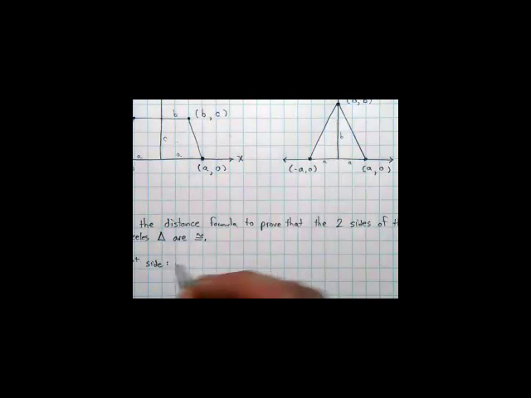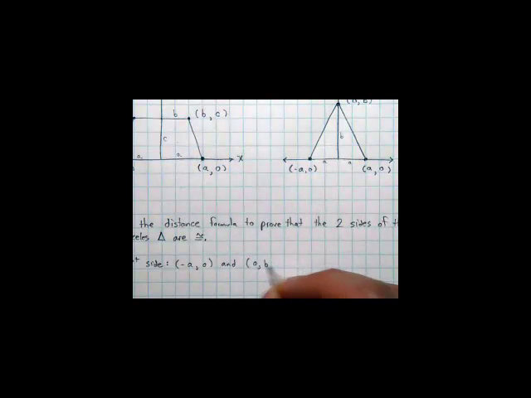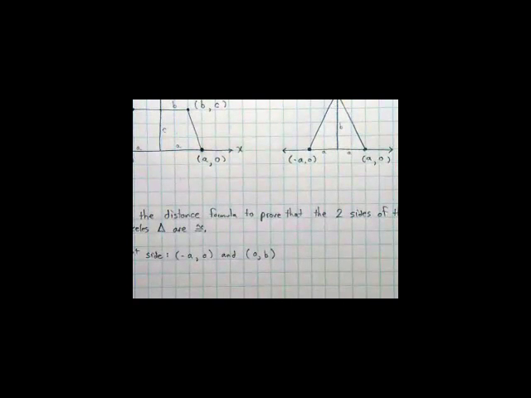So the first side, we've got negative a, 0, and 0, b as the two coordinates. Okay? And yes, you could use Pythagorean theorem. However, I'm going with the distance formula here for this one. So I said to use it, so we're going to use it.